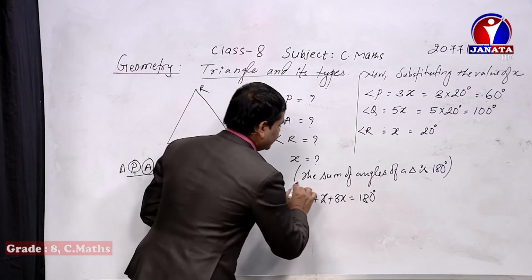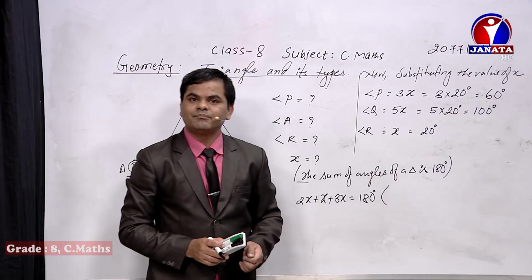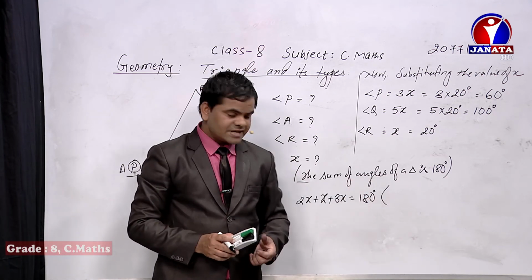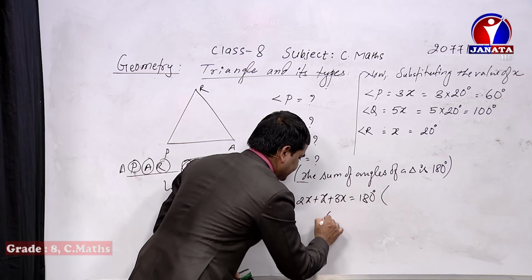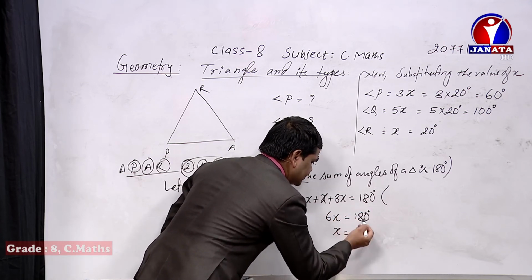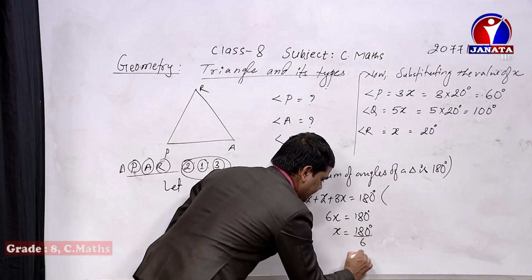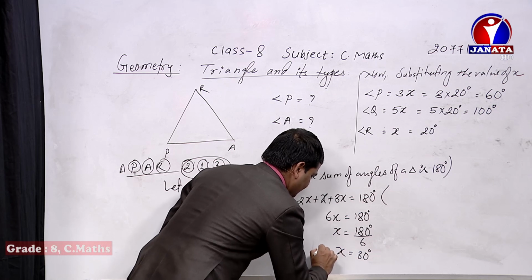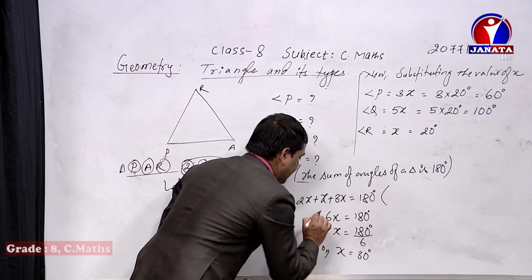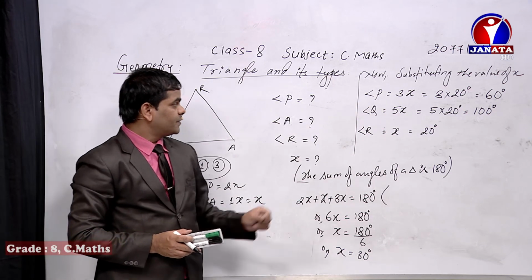Now the reason here: the sum of angles of a triangle. And 6x equals 180 degrees. Now we get the value of x: 180 degrees divided by 6 equals 30 degrees. So we got the value of x as 30 degrees. Now you can substitute in the same way as I did in the previous question.